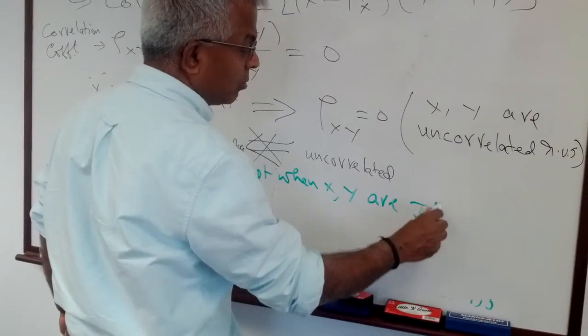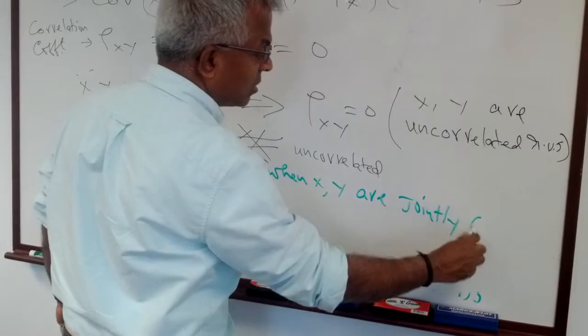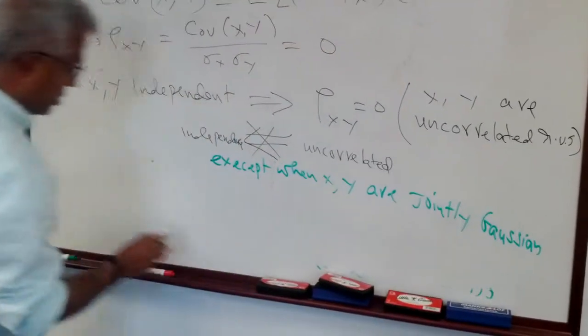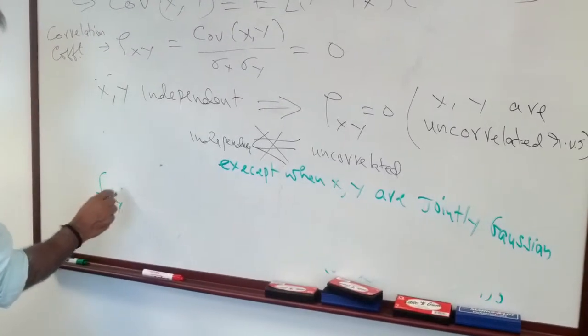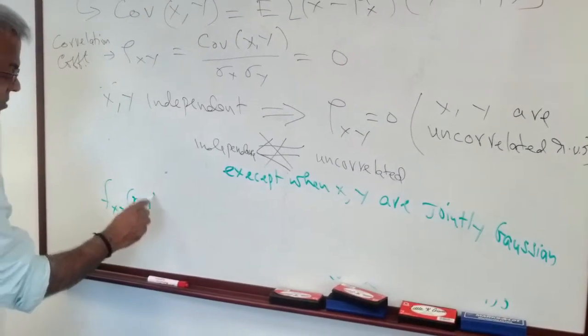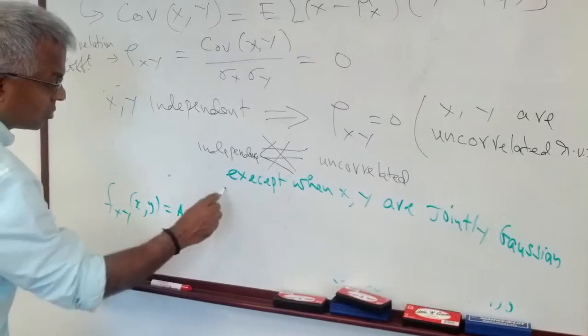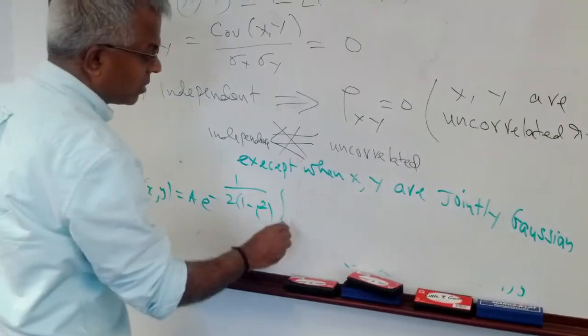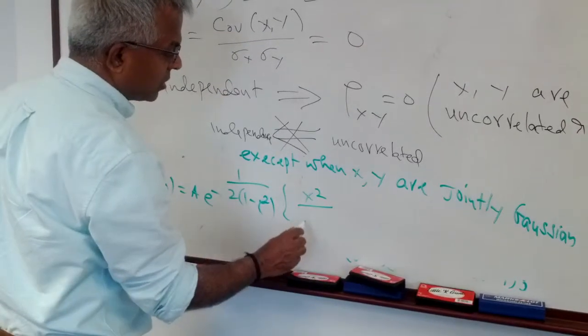So how do you prove that last case, the jointly Gaussian case? Just write down the density function f_XY. Jointly Gaussian means, remember, it's some constant times e raised to minus 1 over 2(1 minus rho squared), times x squared over sigma_x squared minus 2 rho xy over sigma_x sigma_y plus y squared over sigma_y squared. Here I'll take the zero mean case.